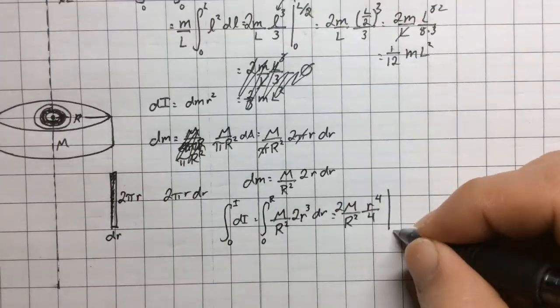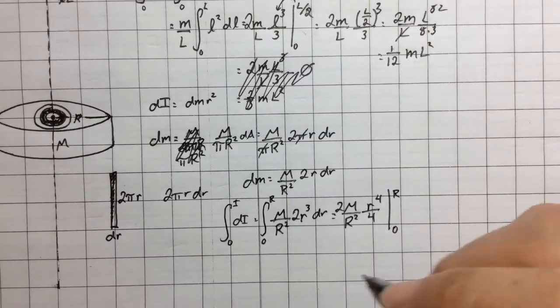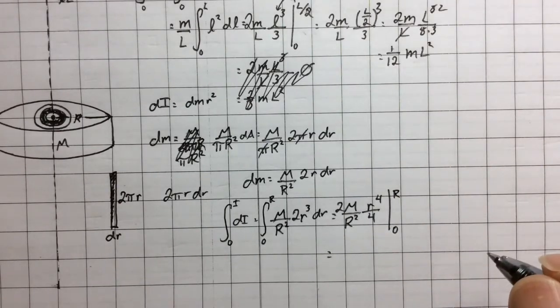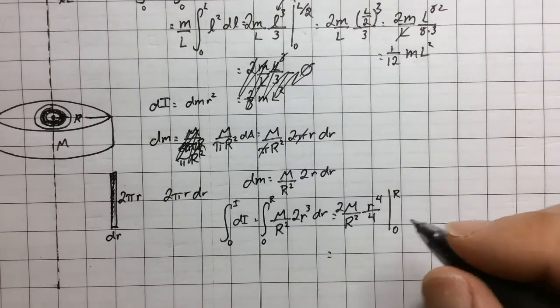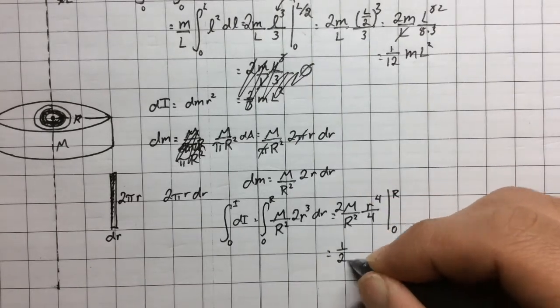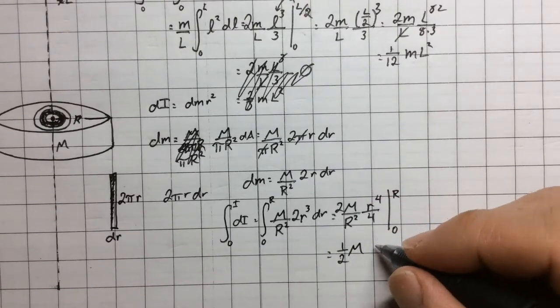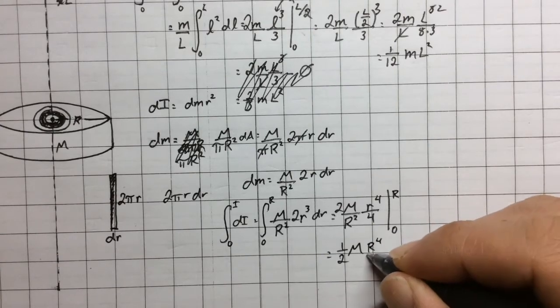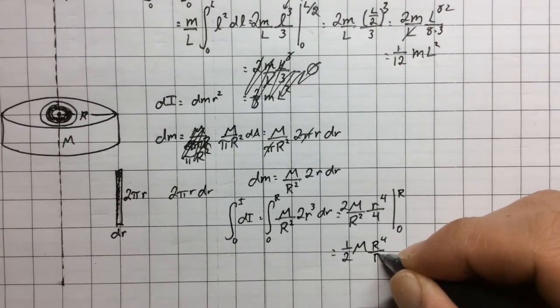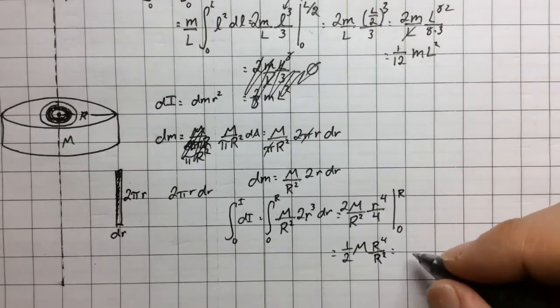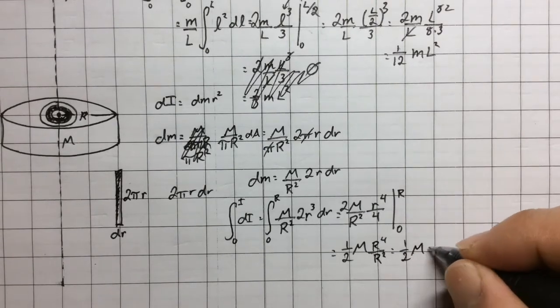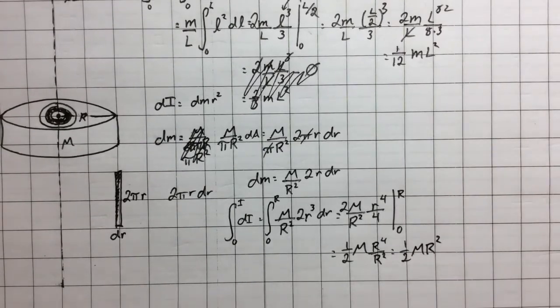And then my bounds are from 0 to r. And so we plug in. And when you plug in, you get 2 over 4 is 1/2 m r to the 4th over r to the 2nd. This is equal to 1/2 m r squared.